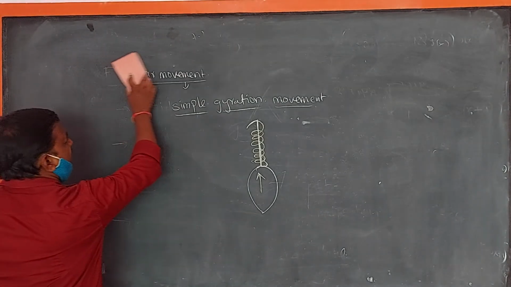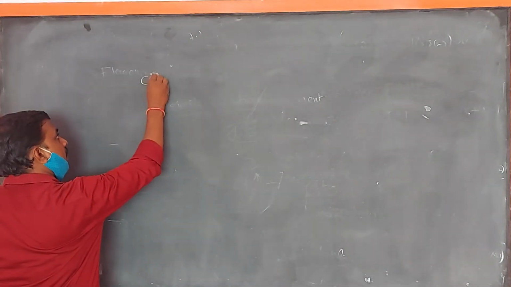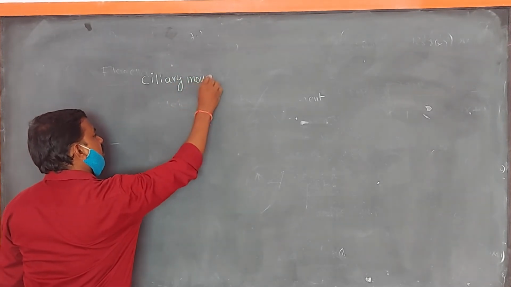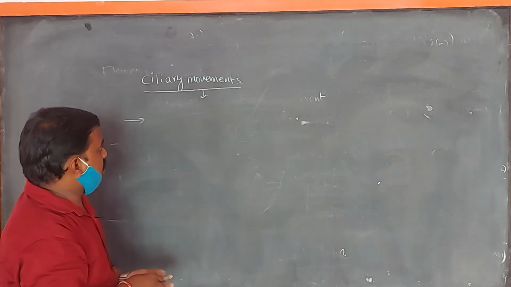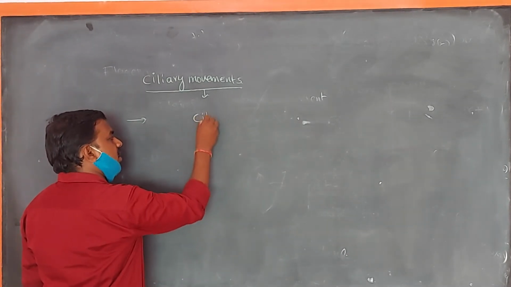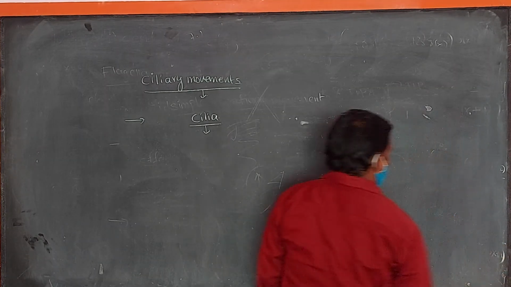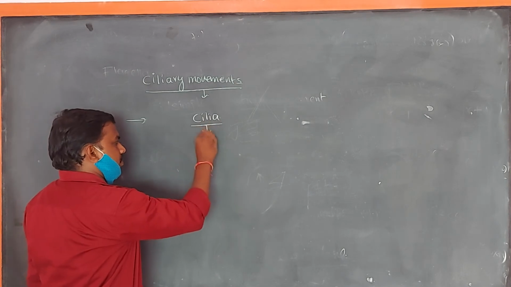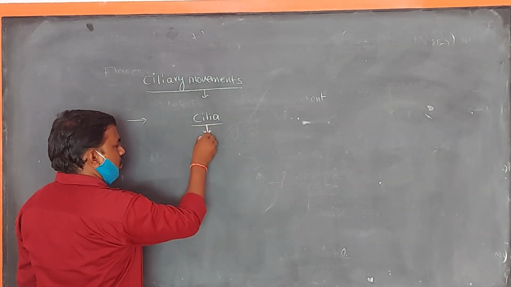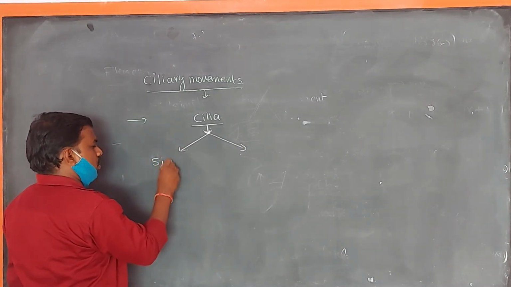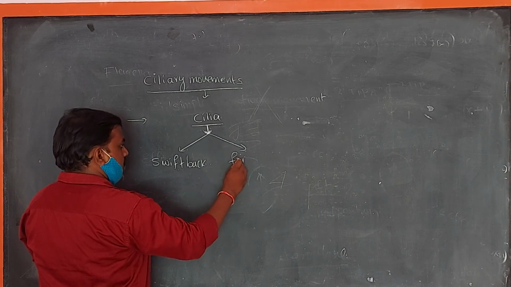Next one, the ciliary movements. In ciliary movements, the cilia are short hair-like structures, and these cilia exhibit swift back and forth movements.